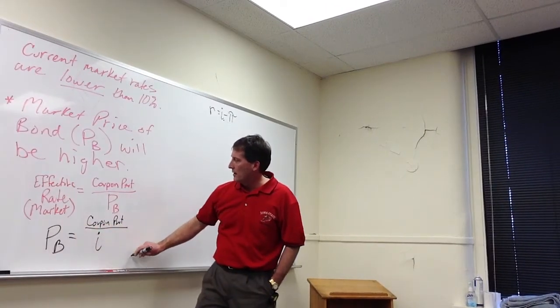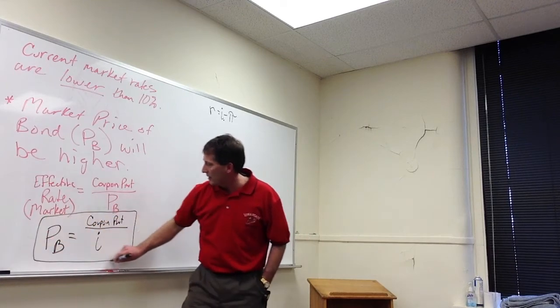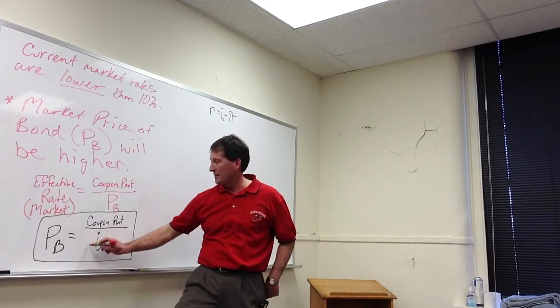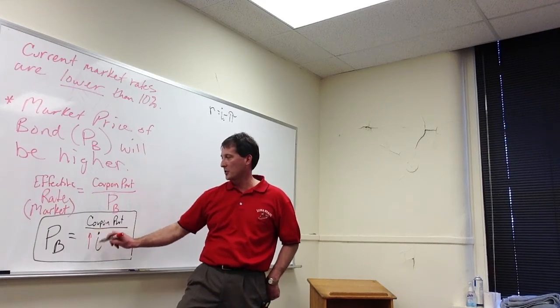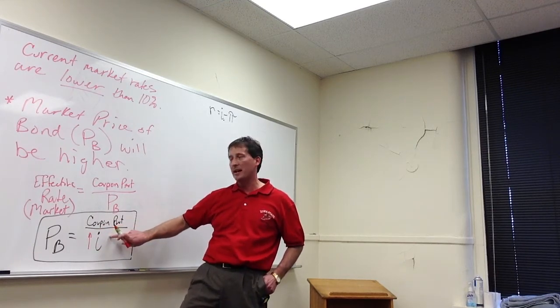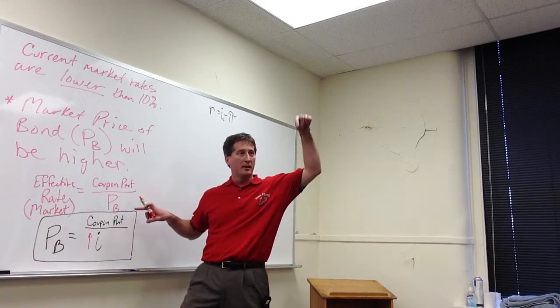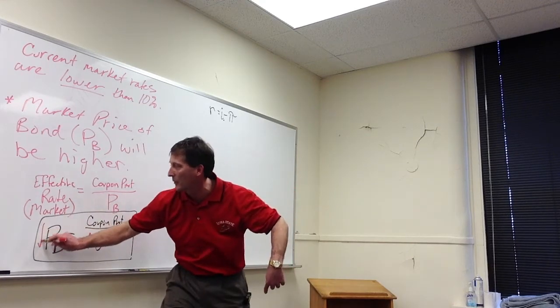And the math tells us if this goes up, if interest rates go up, the thing in the denominator goes up, the overall expression goes down. Has to work that way.